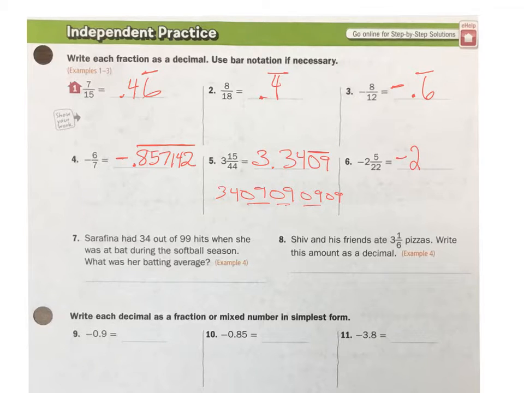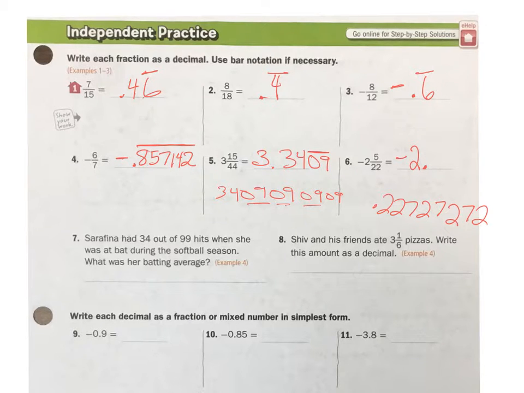Negative 2. It's going to be a negative, and it's still going to be negative 2 point something. 5 divided by 22 equals 0.22277272.